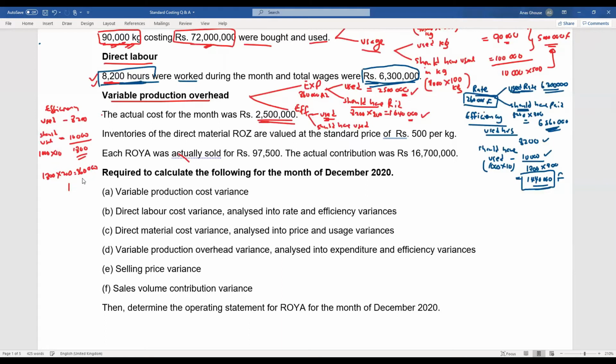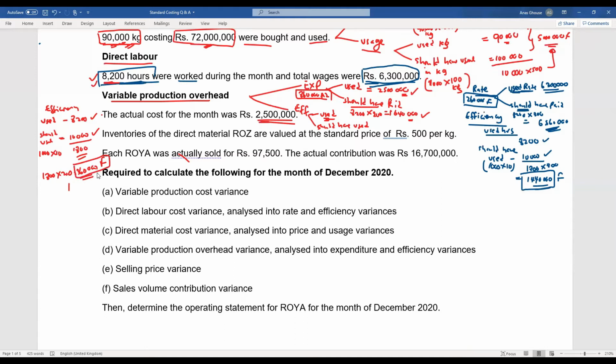Is it adverse or favorable? Because we used 8,200 hours and our plan was to use 10,000, it's good. It's a favorable variance. So the expenditure variance was adverse, whereas the variable production efficiency variance is favorable.